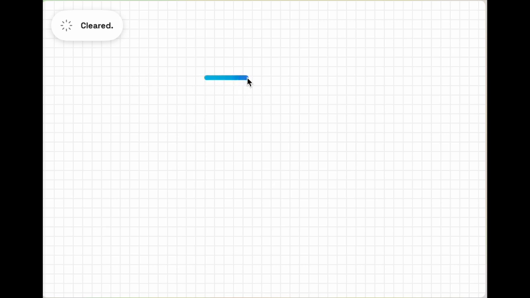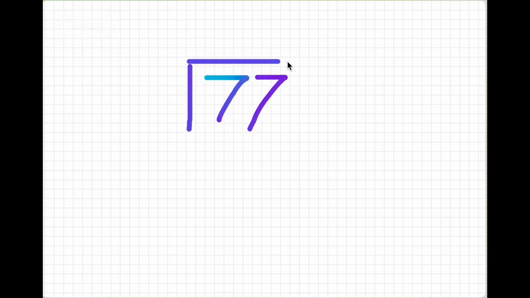So now, let's set this up. 77 divided by 9. So how many times can you put 9 into 7? 0 times. How many times can you put 9 into 77? Did you say 8?